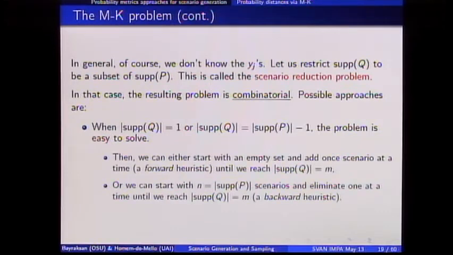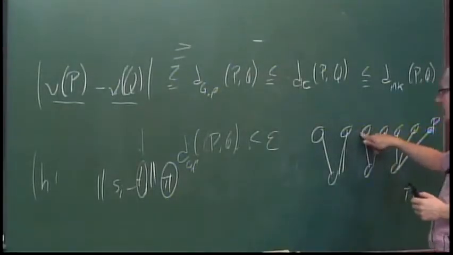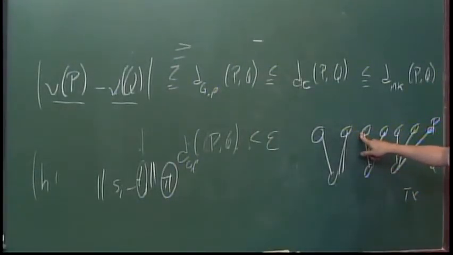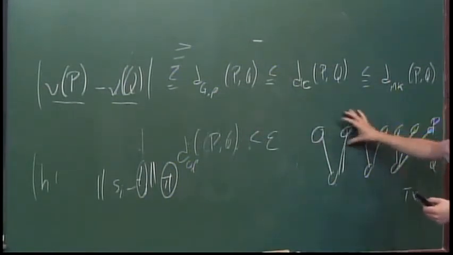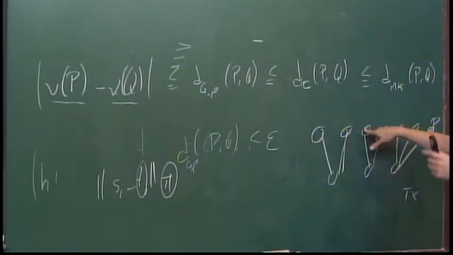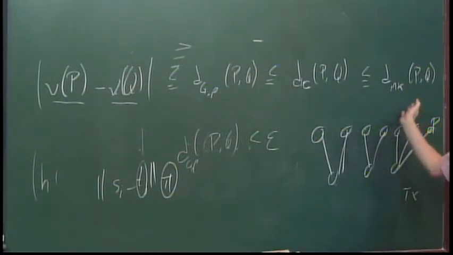For example, if the support of Q is 1, if you just want to find one scenario from the collection of P, you just find the one that minimizes the distance. That's an order n algorithm: you find which one of these n scenarios in P has the smallest total distance to the others.